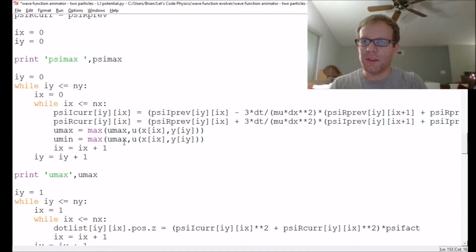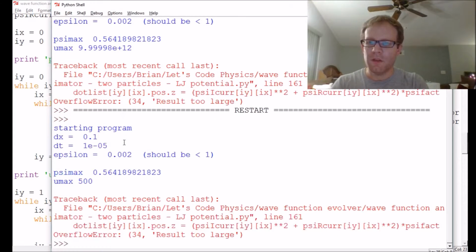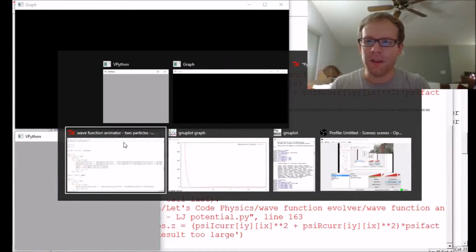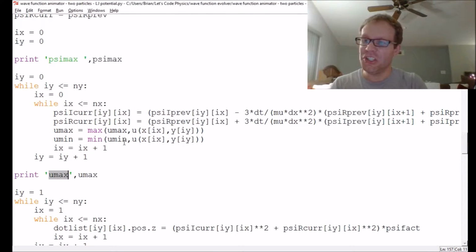So let's try this. U min equals this, and the beautiful thing is the minimum will work if it's negative. It'll just keep going more negative. Oh, but I need to print U min or else calculating it doesn't do me much good. So let's do U max, comma, U min.